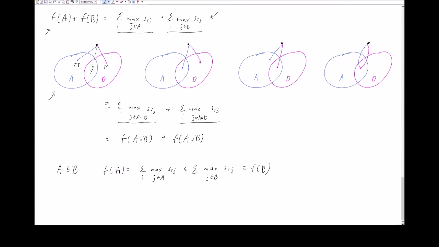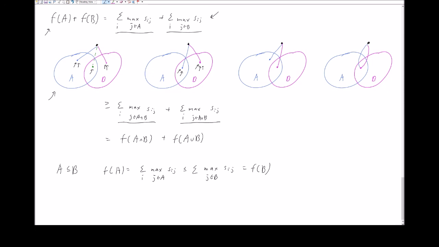In another case, when clients consider facilities in A, they choose some facility of highest service level, and it's in both A and B. When they consider just the set B, there's some facility that achieves the highest service level that's in B but not A. Note that this facility that's in B but not A has a strictly higher service level than the facility that's in both A and B. That's because this facility that's in both A and B, being in B, has to be dominated by the one that's strictly better than it, this pink guy.